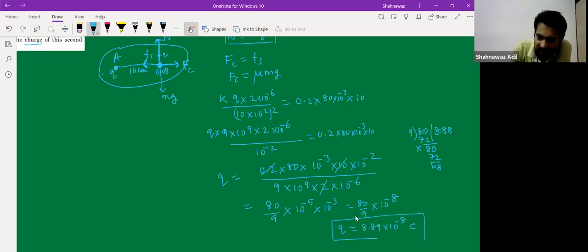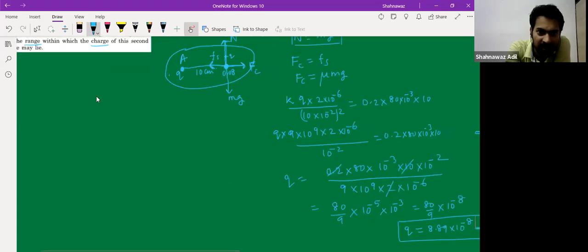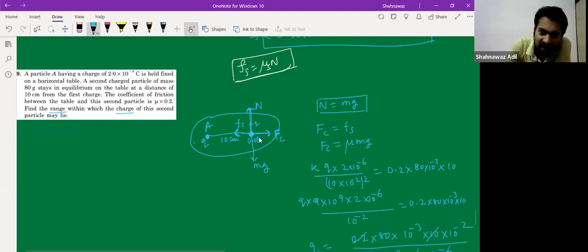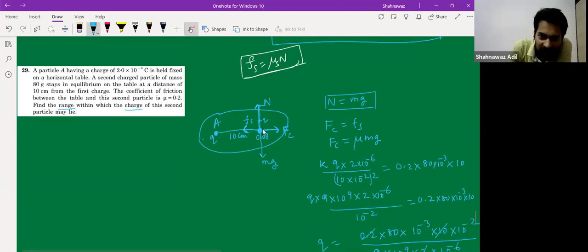Right, guys? So this was when we considered this charge to be positive. But when we consider the charge to be negative, the Coulombic force would be in this direction, and the friction would be in this direction.